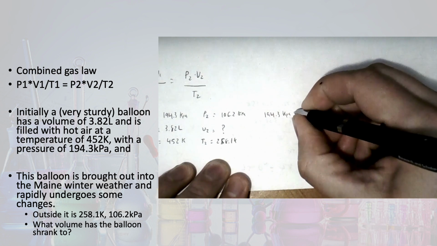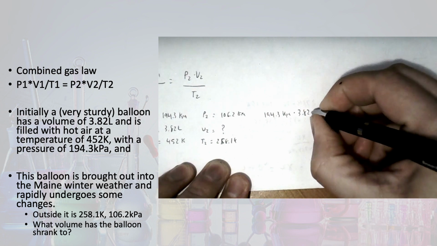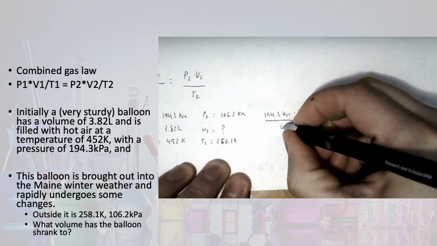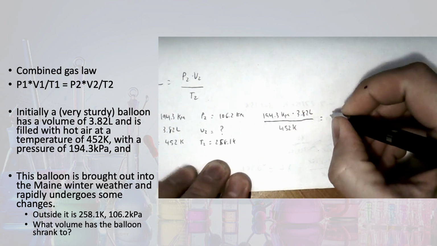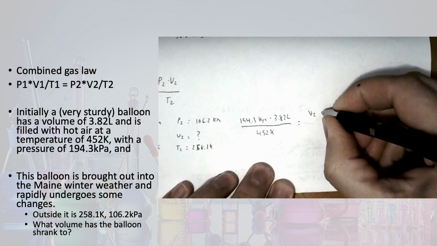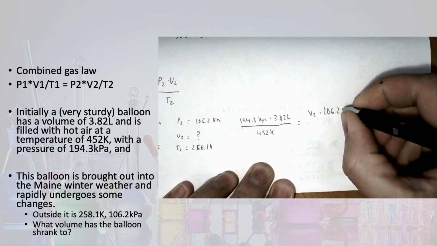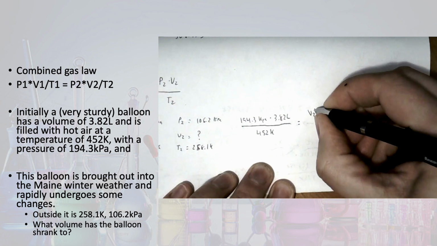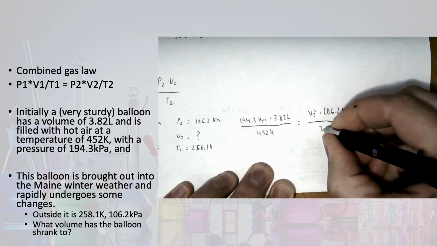We have P1, 194.3 kilopascals, times V1, 3.82 liters, divided by T1, 452 Kelvin, equals P2, 106.2 kilopascals, times our unknown V2, in liters, all divided by 258.1 Kelvin.